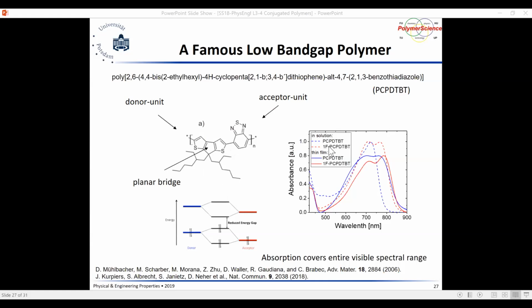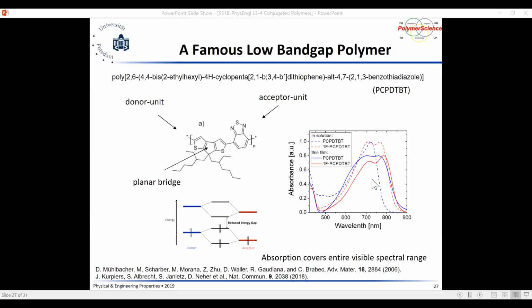Here you can see there is still a little bit of difference between absorption in solution and in film for most polymers. Here is an example of two slightly different polymers. The PCDTBT part is the same, but the red data is a fluorinated version of it. We can see that whether we have fluorination or not, the absorption changes a little bit.